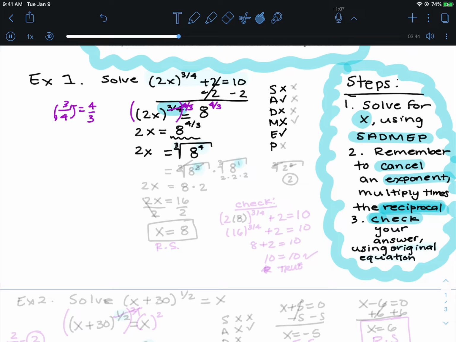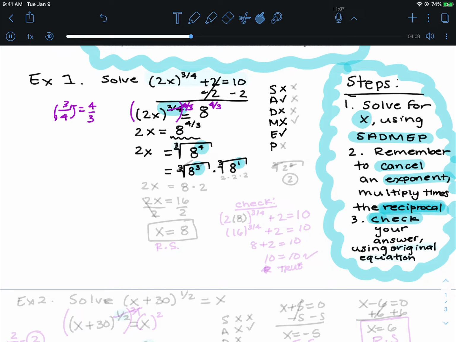So I'm going to do the little trick that we did a while ago when we were separating them. I'm going to do the cube root of 8 to the 3rd times the cube root of 8, because 3 plus 1 is going to give me 4.